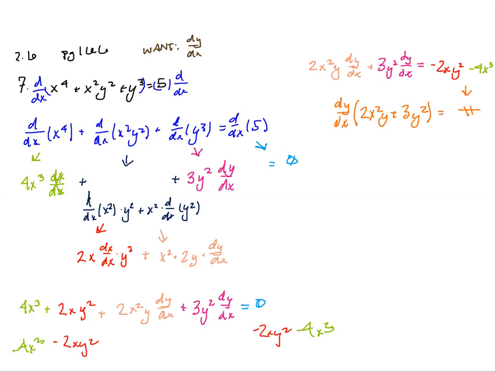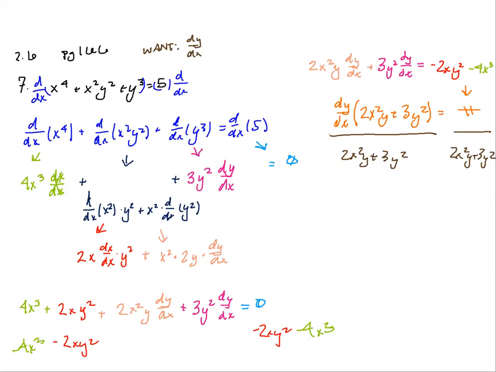And then we will divide this whole side by 2x squared y plus 3y squared, and divide this side by 2x squared y plus 3y squared.